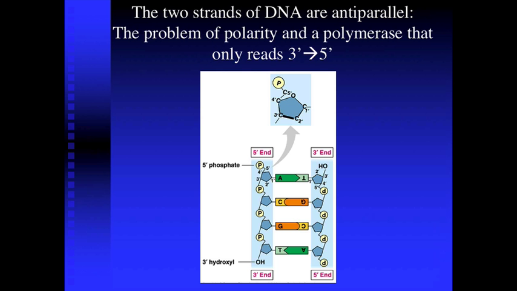It's going in this direction. Let's put a big arrow here so we know that's the direction we're moving, as we replicate. And let's label the molecule in terms of its polarity. So I'm just going to call this the 5' end, and this is the 3' end, and therefore this is the 5' end, and that's the 3' end, okay? Good? All right.